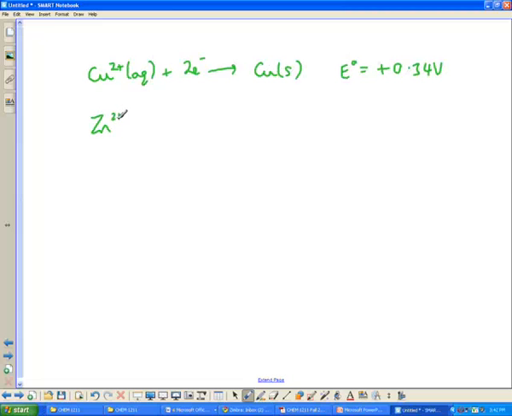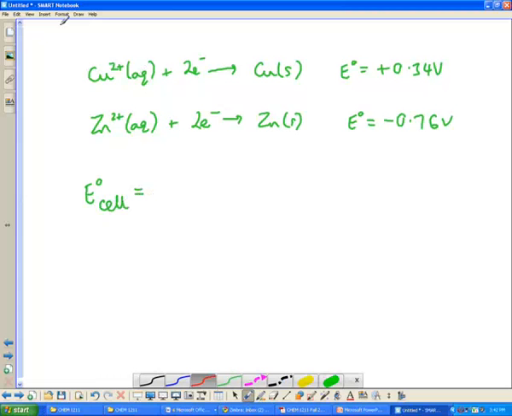Now the same thing for the zinc: zinc 2+ going to zinc solid has a reduction potential of negative 0.76 volts. I have to somehow combine these two to give me a cell potential which is positive. Now notice that both of these are reductions. But if I have a redox reaction, one of these needs to be an oxidation.